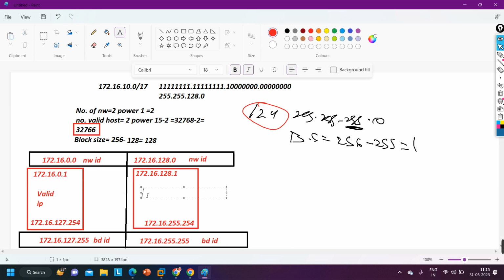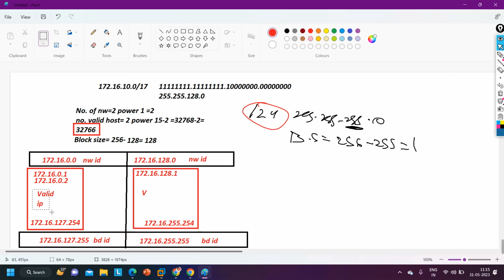Sir, do you know what's the second IP of the first network? The second IP of the first network will be 172.16.0.2, then .3, .4, .5, .6, .7, .8 like this. When we reach 255, then we start the third octet: after .255, we start from 172.16.1.1. Yes, exactly.